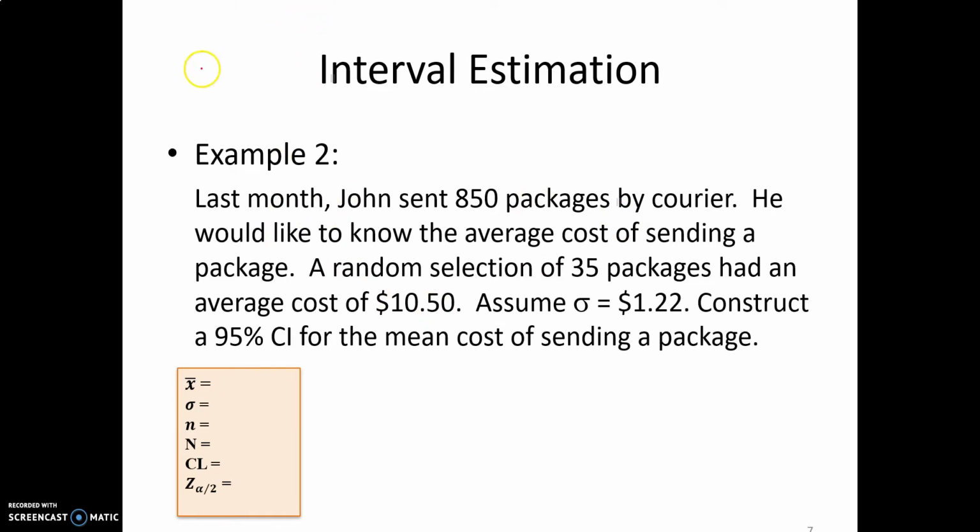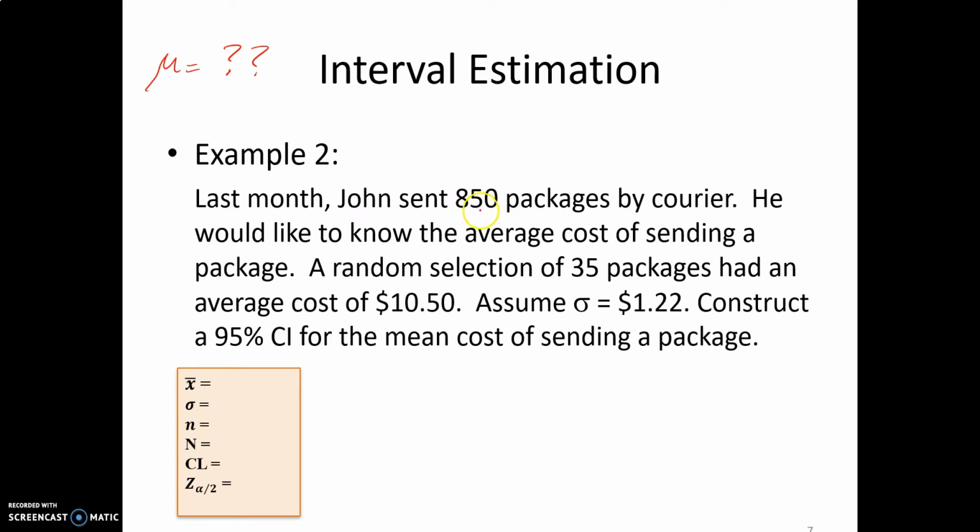So John wants to know this. This is unknown. This is the population average. So he does not want to go through all 850 packages one by one to calculate the average. Maybe these are just filled in, maybe there's just boxes and boxes of receipts.